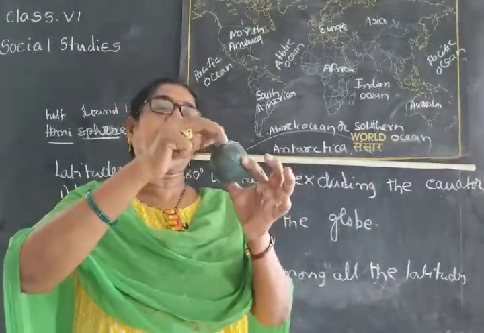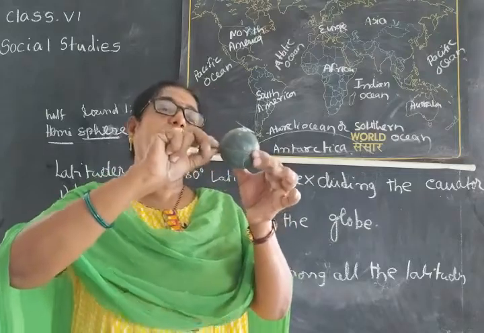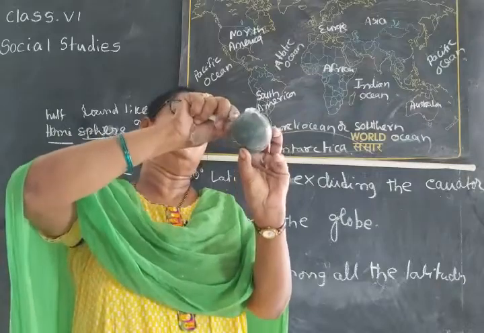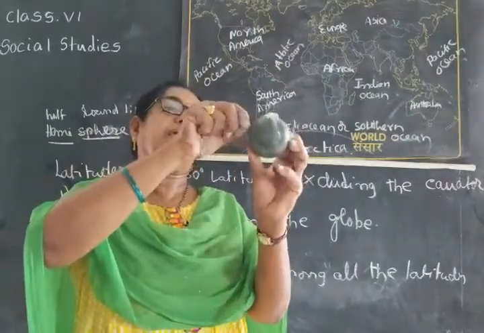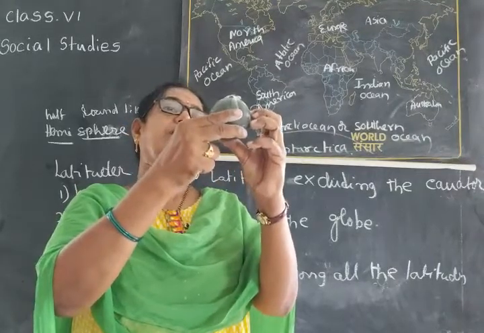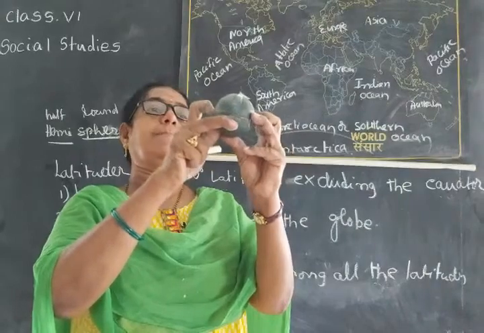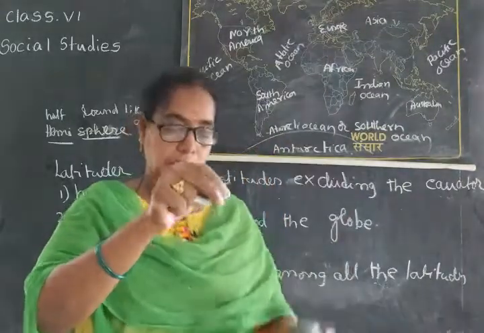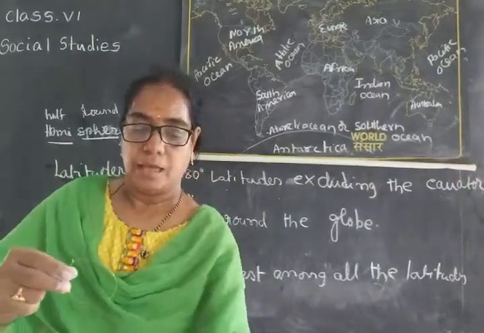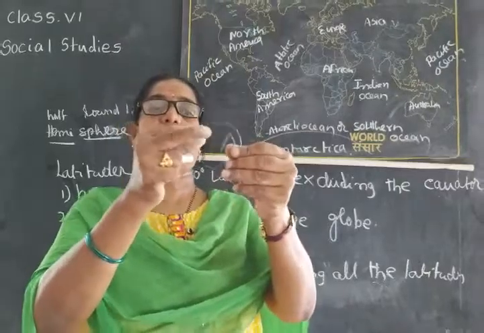This is, for example, the 66.5 degrees north latitude. I am taking the equator from the globe. See how it will be. This is the equator, and this is the 66.5 degrees north latitude.